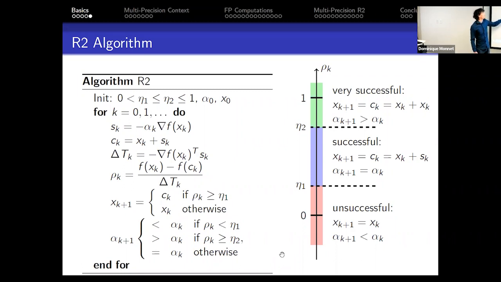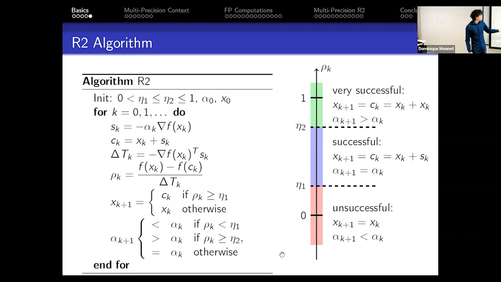We compute the step, we compute the candidate, we compute the model reduction, we compute our indicator rho k that tells us if the model is good or not. If the model is good, that is, if rho k is greater than eta 1, we consider it a success, and we make a step.